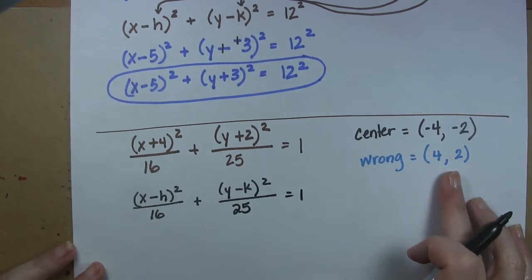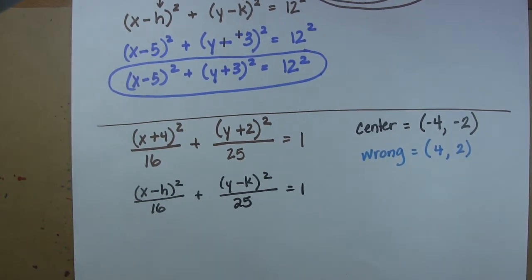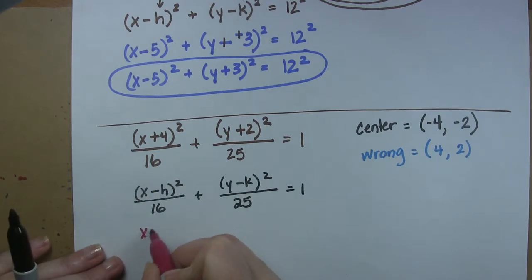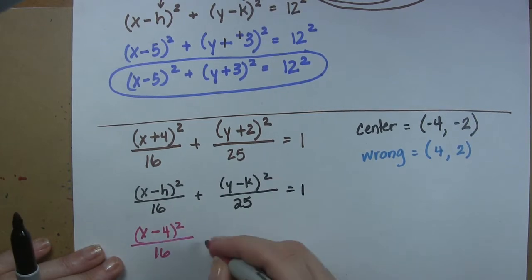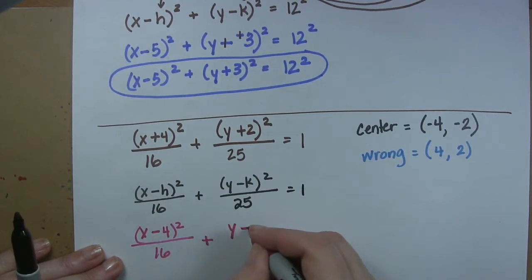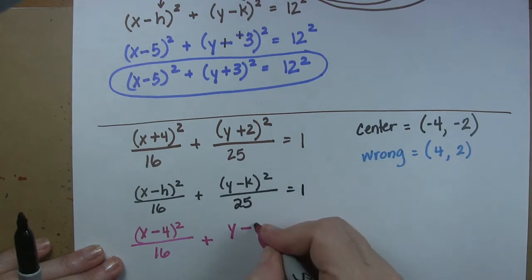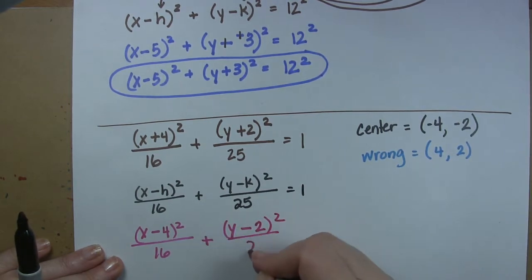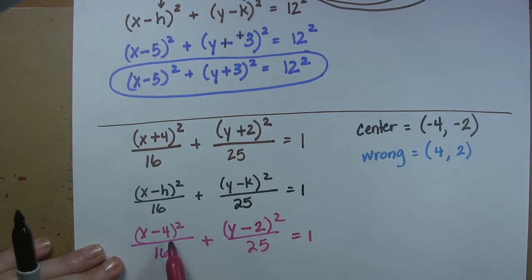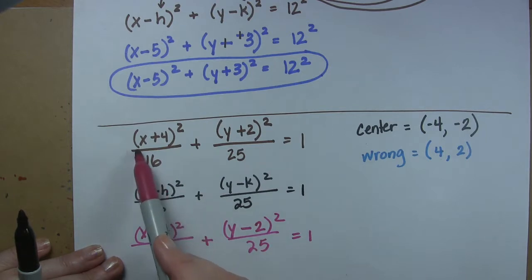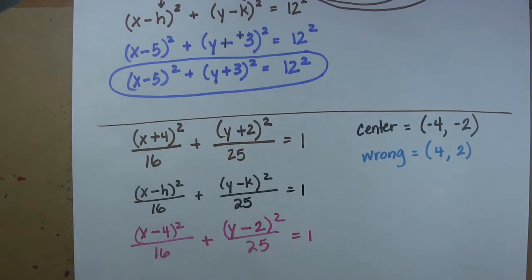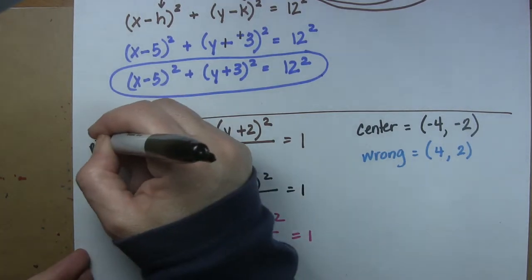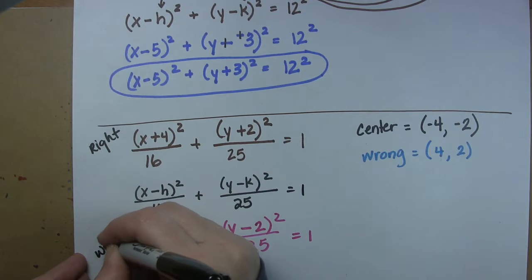If we were to fill in the wrong number, we would get x minus 4 quantity squared over 16 plus y minus k quantity squared over 25 equals 1. And you can see that this equation, which had the wrong center, does not equal this brown equation here, which was the right equation. So this one is right, and this one is wrong.